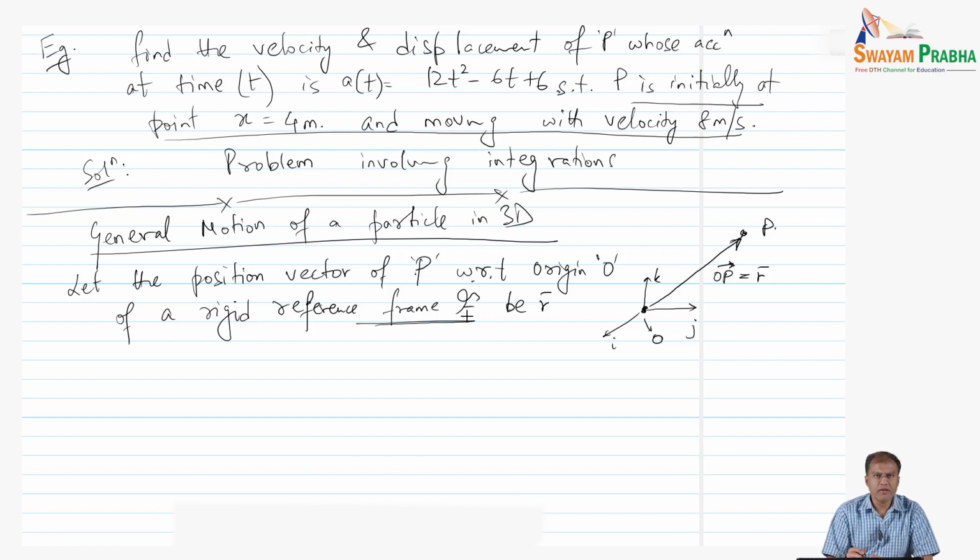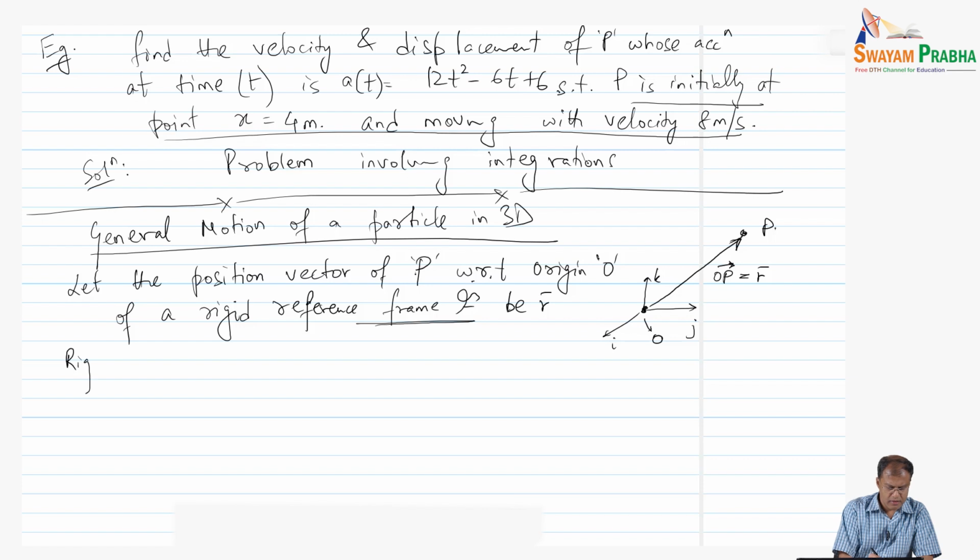So a rigid reference frame is a rigid body with the origin O as the origin of the body. So that's it, and also it is associated with a set of three unit vectors serving as its coordinate axis.